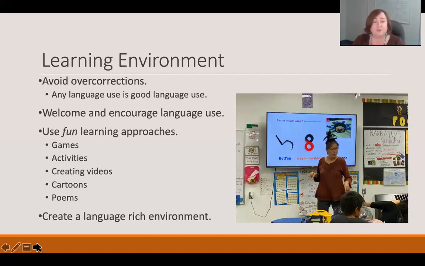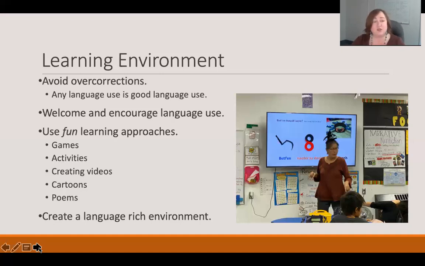The other thing is, again, lowering that affective filter, making sure that students are focusing on the thing we're doing rather than on the difficulty of the language. So we want to use games, lots of activities. You can have students, at the upper grade levels, even at the lower grade levels if it's structured for them, actually create videos so that you can use those materials in future classes.